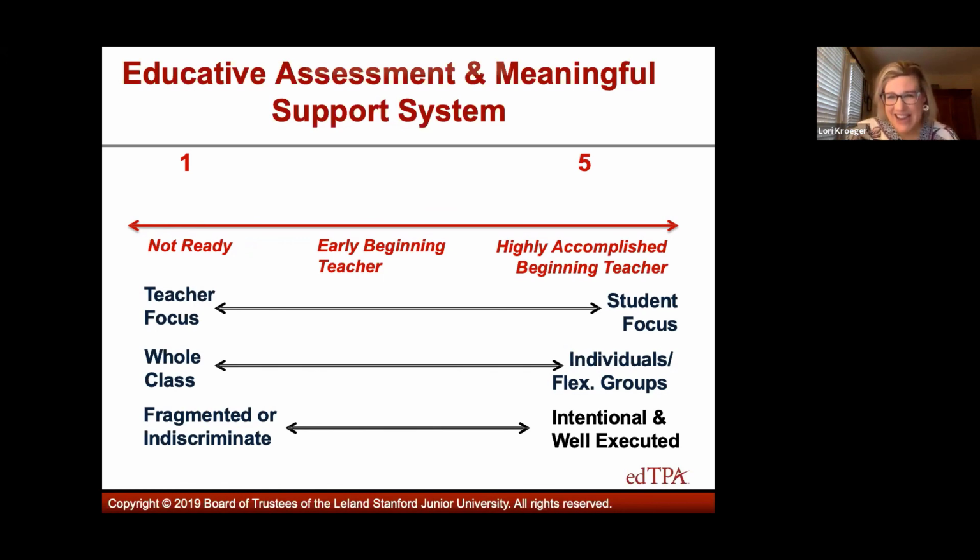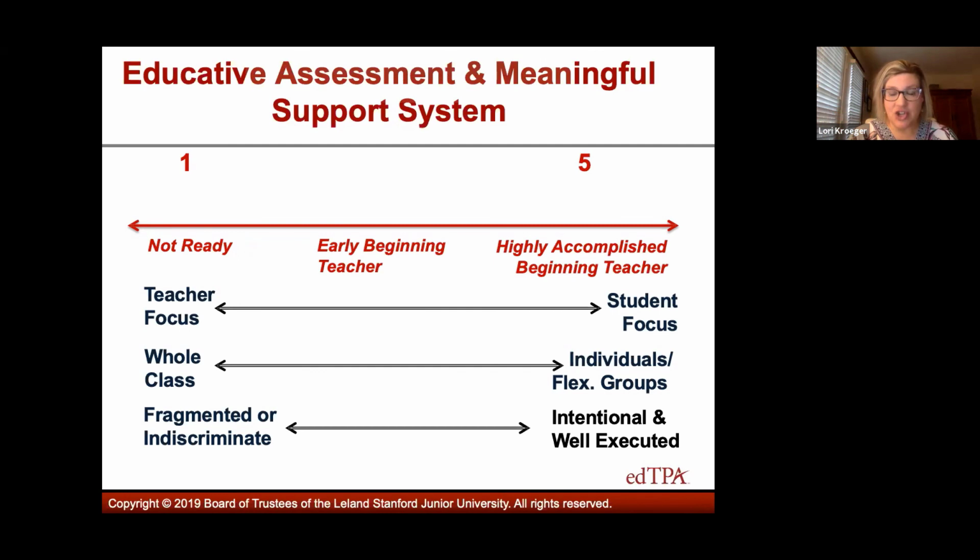So what does this candidate look like? They are very teacher focused. Their planning, their instruction, their assessment is really designed with the whole class in mind. And it may be fragmented or indiscriminate. It's not flowing well.